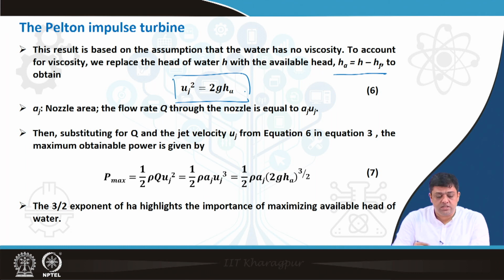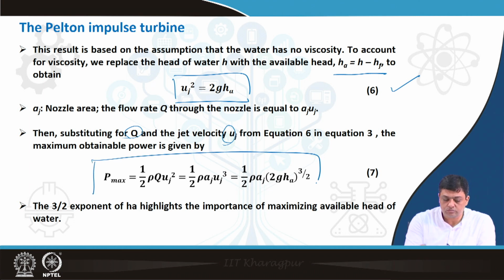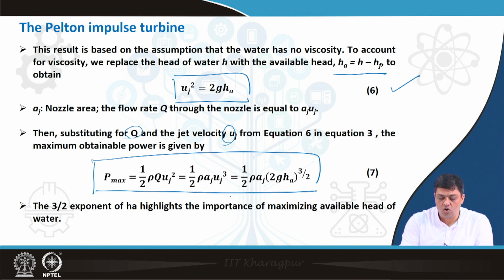Then you can substitute for Q and the jet velocity U j, followed by the use of equation 6 in the earlier equation 3, you will get the maximum power is actually equal to half of rho A j (2 G H A) to the power 3 by 2.